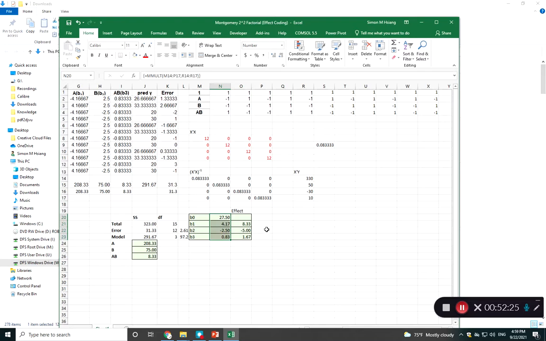And now, once you have them done, okay, the intercept is not useful for the ANOVA table, but all the effects we need. So the parameter is 8.1. Okay, let me make it a little bigger.